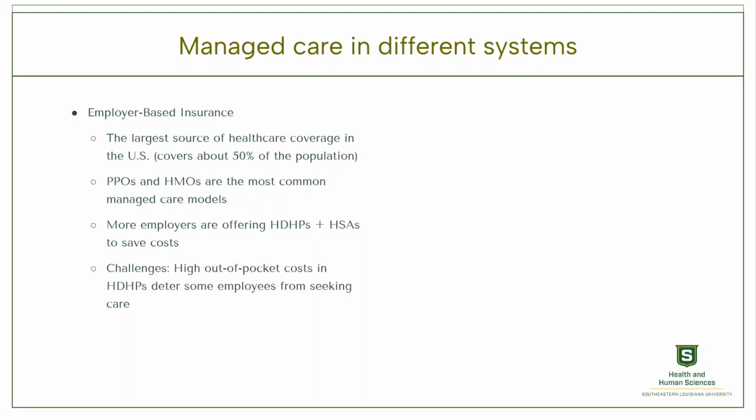One of the challenges of the high deductible plans, like I mentioned, is the high out-of-pocket cost. This deters employees from using the services, because they have to make an out-of-pocket payment as co-payment for each hospital visit. For example, if your out-of-pocket payment is going to be $3,000 before insurance fully kicks in, this may require you to do 10 visits in a year or 20 visits in a year. And for each of your visits, you're paying this out-of-pocket payment.